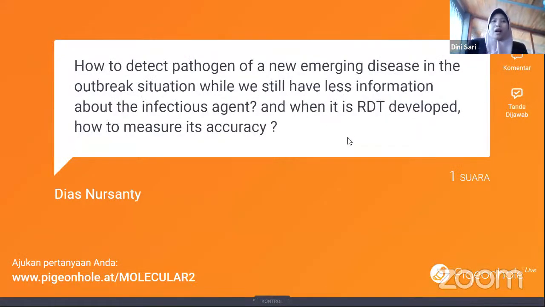From the same audience, Putias Nursanti: how to detect the pathogen of a new emerging disease in an outbreak situation while we still have little information about the infectious agent, and when an RDT is developed, how to measure its accuracy?